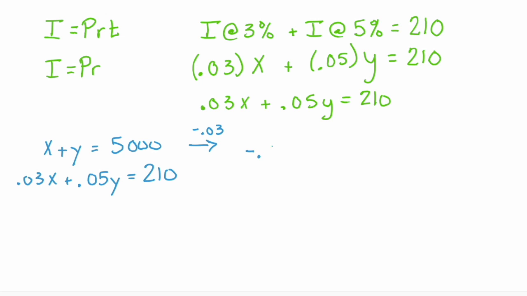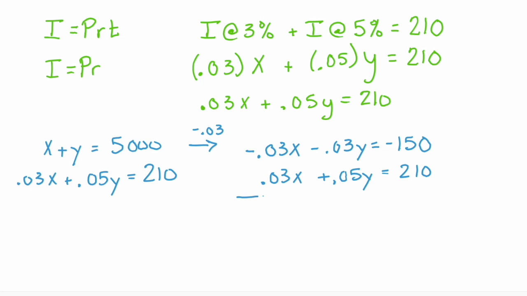That'll give us negative 0.03x minus 0.03y equals negative 150. That's what you get when you multiply 0.03 times 5,000. And we can rewrite our second equation. It stays the same.